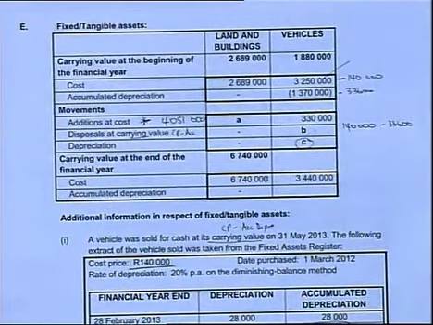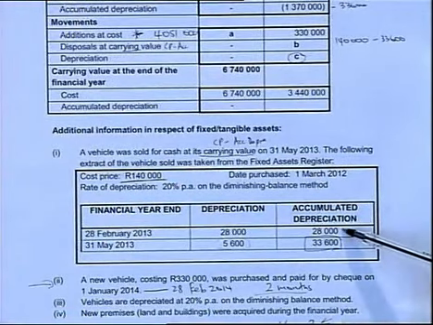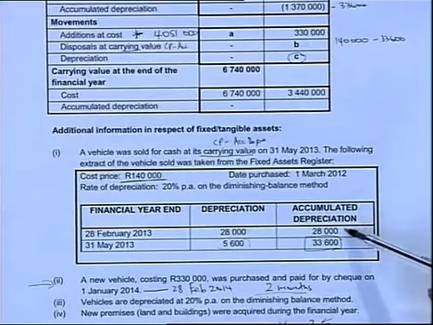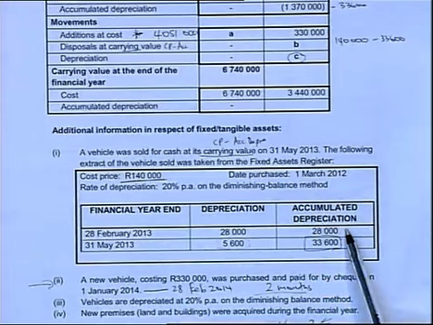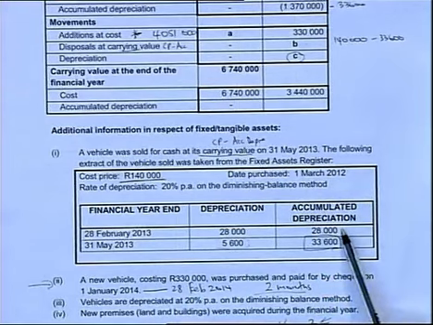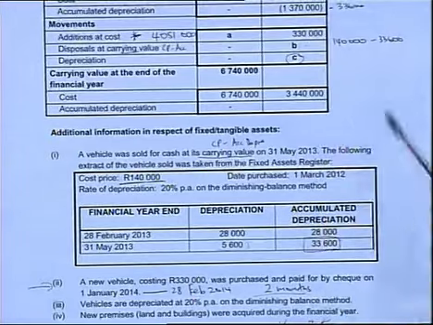The 28,000 is the accumulated at the end of last year, which is the beginning of the new financial year, which is the 1st of March 2013. So at the end of last year, the 28th of Feb 2013, but that's also the 1st of March 2013. Last year's closing balance is this year's opening balance. So the 28,000 is included in the total above.